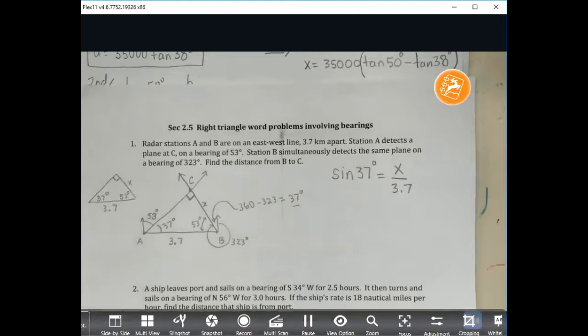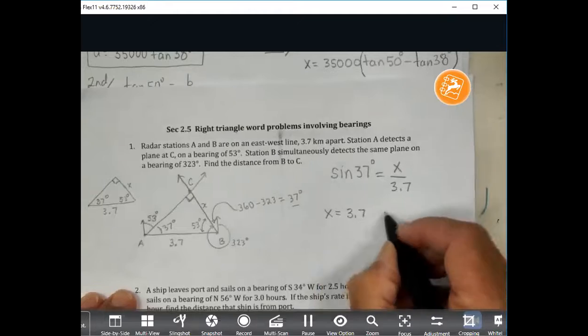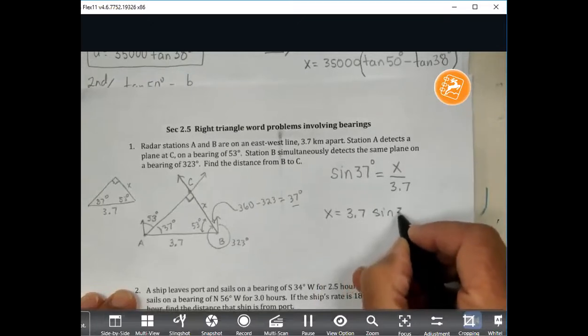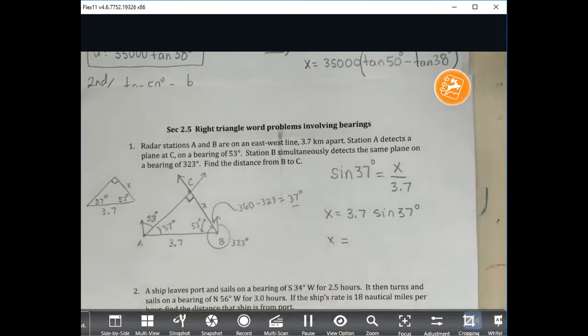And then if I multiply both sides by 3.7, I have X. So let's do that: 3.7 times the sine of 37.